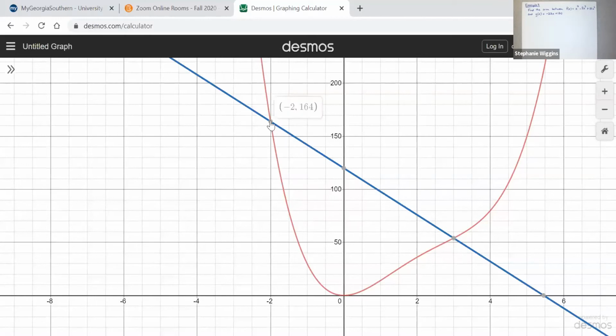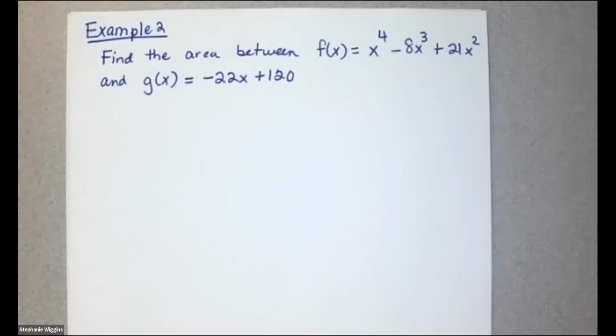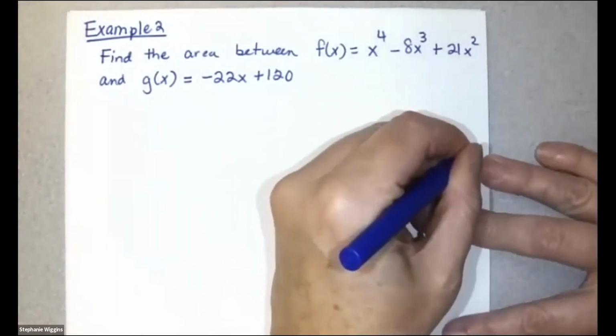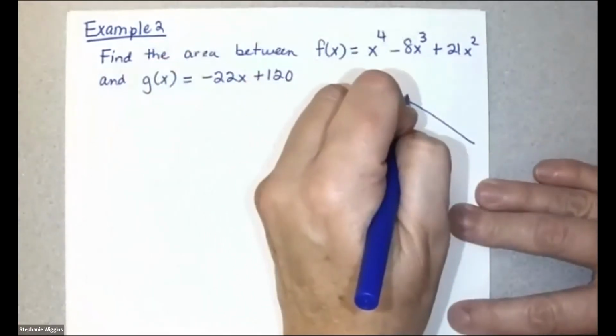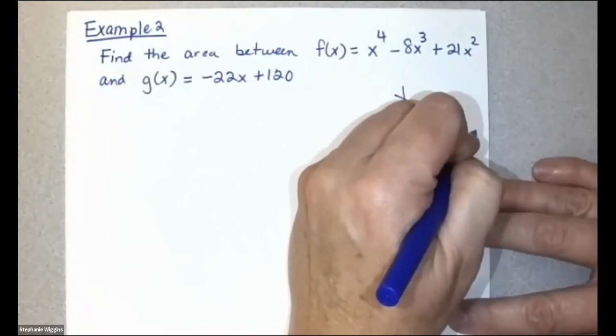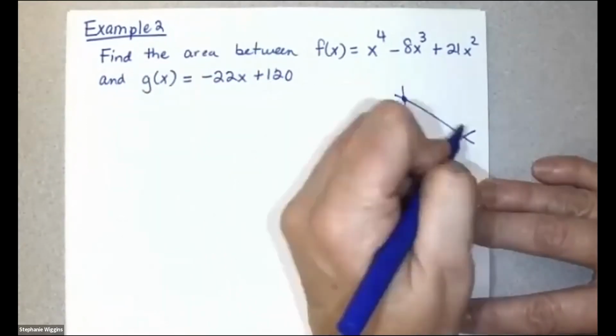And you can see my top function is the linear function, which is the f of x, and the bottom function is the g of x, which is the polynomial. Or it's the other way around. All right. So I'm just going to draw a quick sketch to remind us of what we're doing. We have this linear function, and then we have a curve that does something like this. I don't know exactly what.